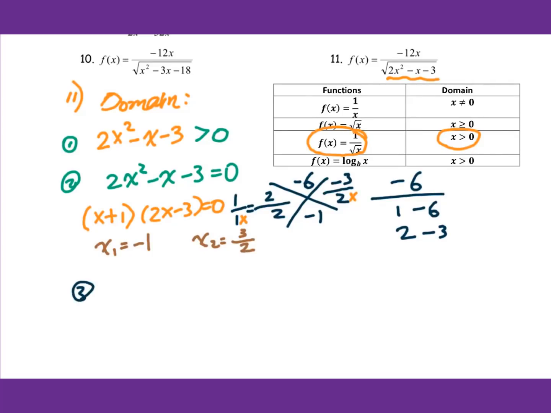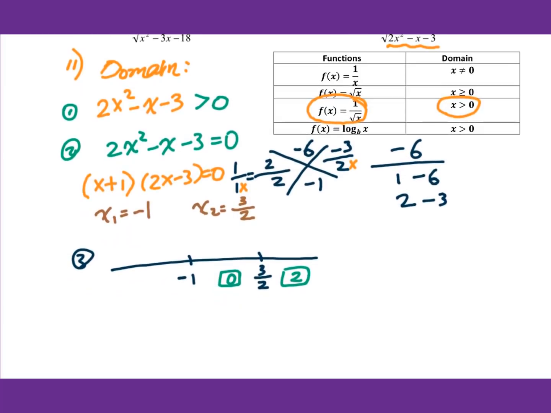Then we go to the number line. We got negative 1 and 3 over 2. Still, I'm looking for an easy number. Let's get 0. 0 is between negative 1 and 3 over 2. You can get any number if you want. If you say, I want to use 2 for this side, 2 is my lucky number, you can do that.